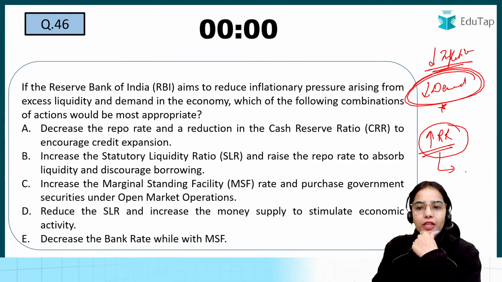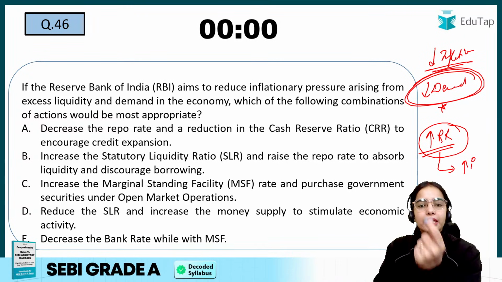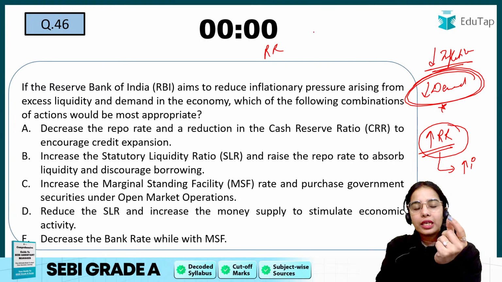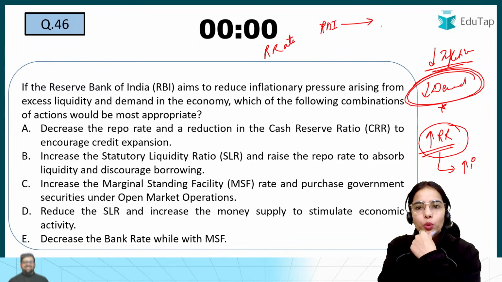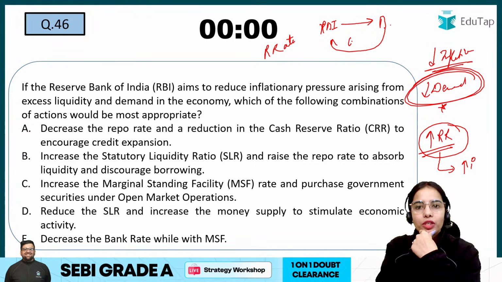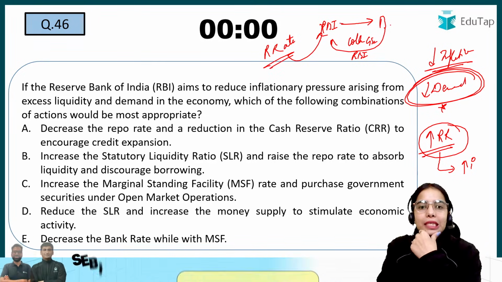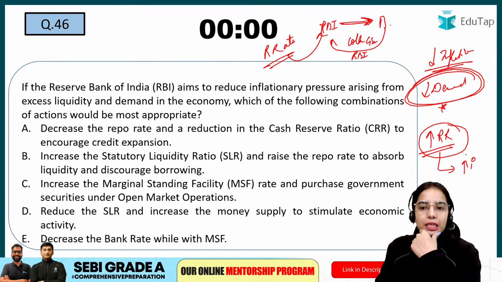See, repo rate affects the interest rate. Repo rate is the rate at which RBI provides loans to the banks, and the banks have to give collateral to the RBI in the form of government securities. So repo rate is the rate at which RBI is lending to the banks. If the repo rate is increased, the interest rate will increase in the economy.